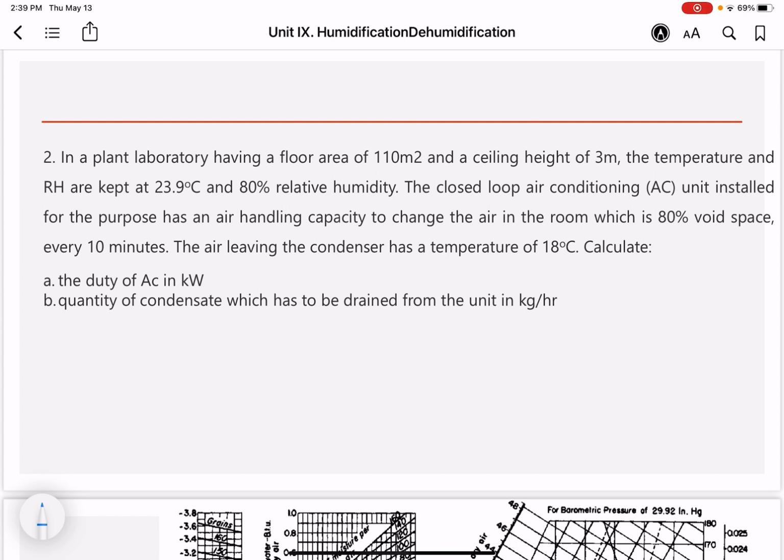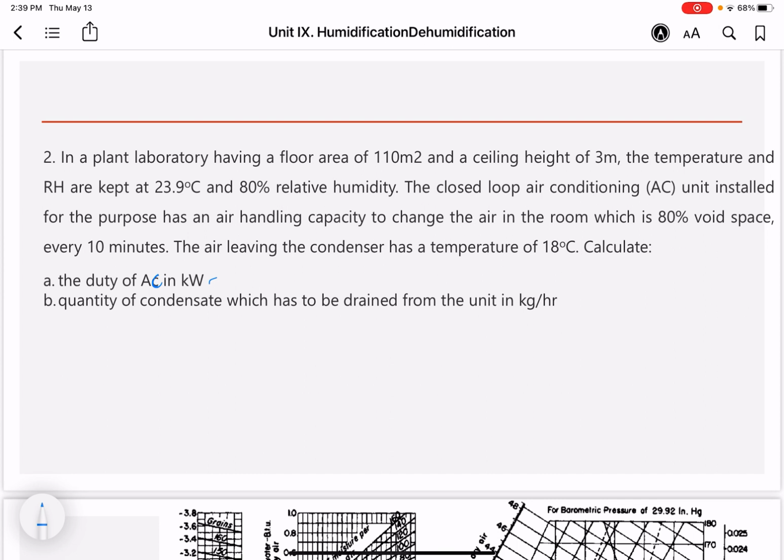The closed-loop air conditioning unit installed for the purpose has an air handling capacity to change the air in the room, which is 80% void space, every 10 minutes. The air leaving the condenser has a temperature of 18 degrees. We calculate the duty of the AC, the air conditioning unit, and the quantity of condensate which has to be drained from the unit in kilogram per hour.